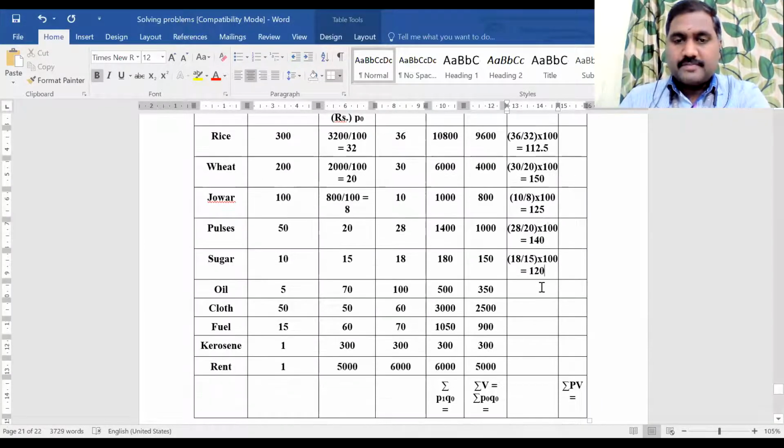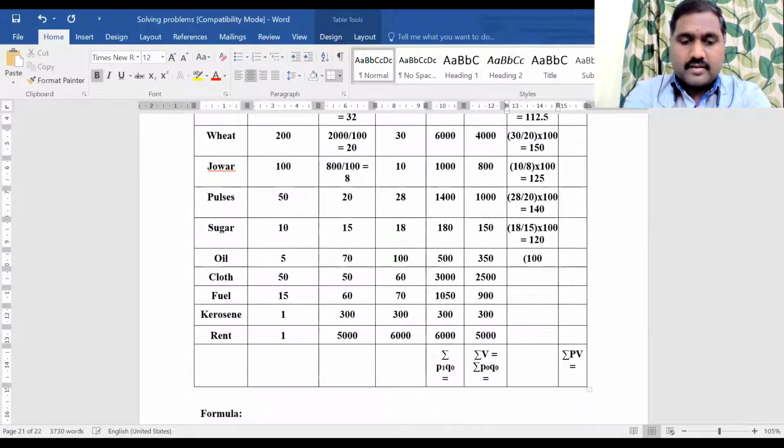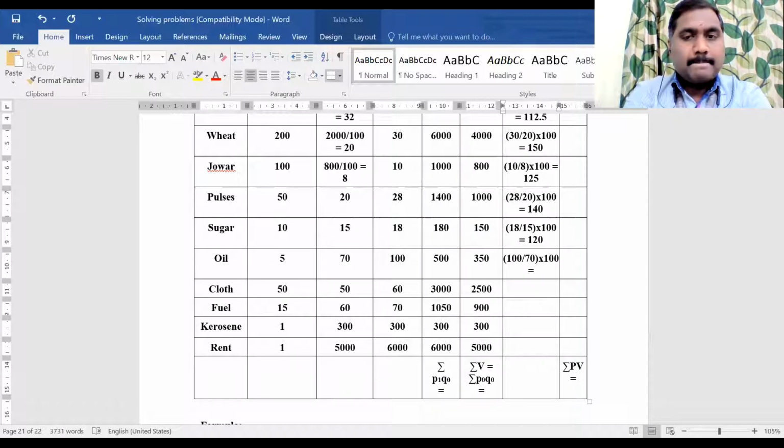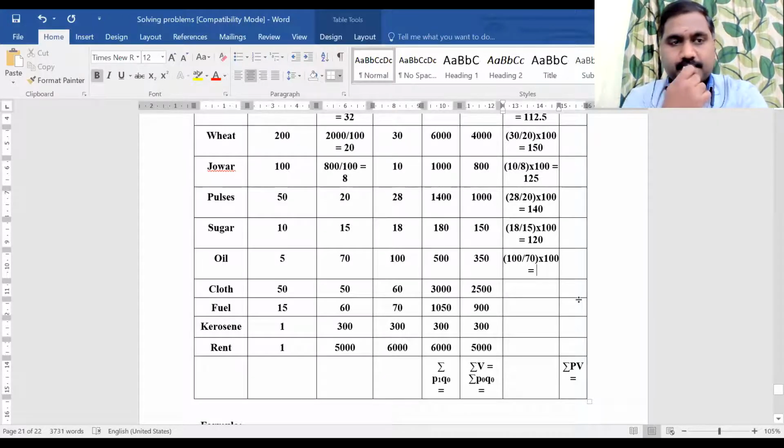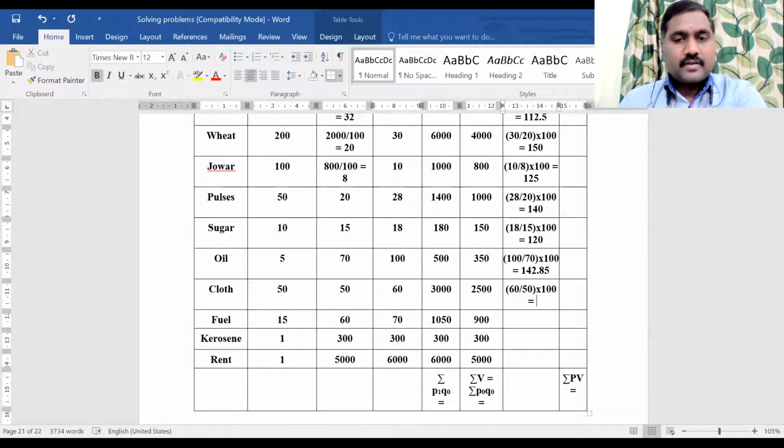Now the next one is 100 by 70 into 100, which is equal to 142.85. Okay. Then 60 divided by 50 into 100, which is equal to 120.